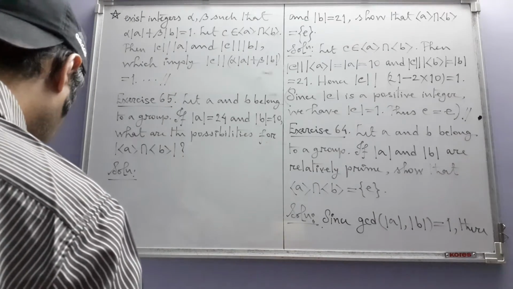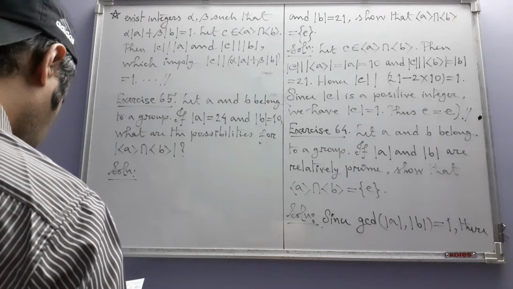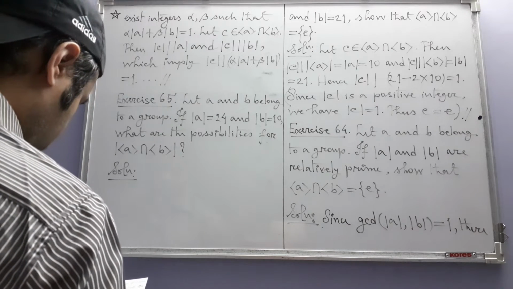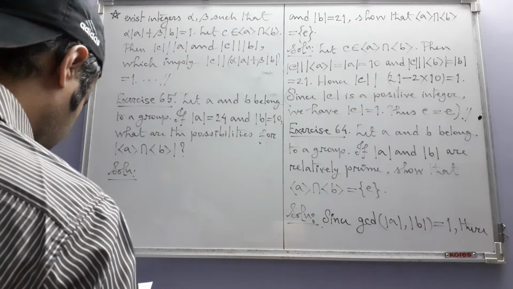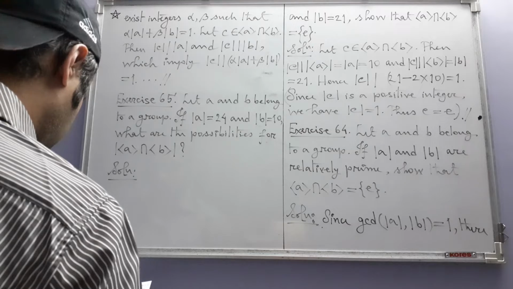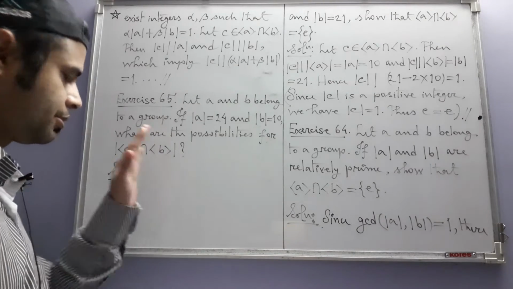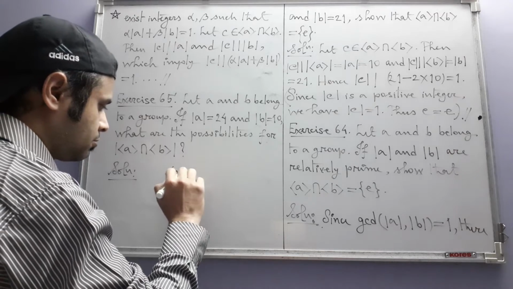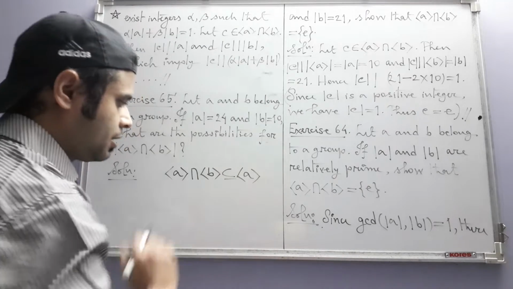So now we cannot, okay, note one thing, that this intersection, not its order but the group, the intersection is a subgroup of this cyclic group.